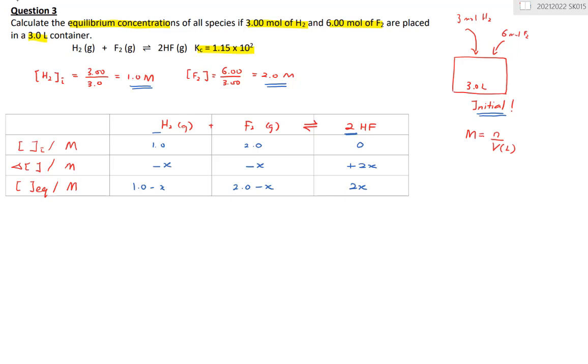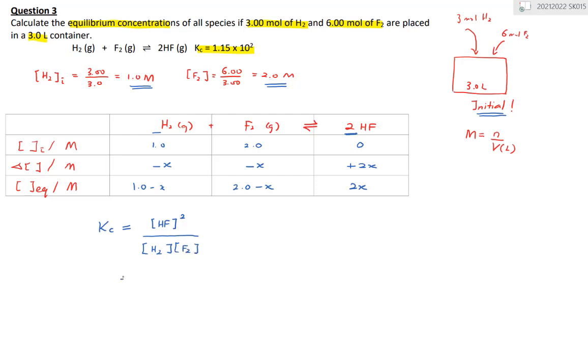If you want to identify the equilibrium concentration of each of the species here, we have to figure out the value of x. So from here, we can write out the Kc expression using the balanced equation. We have the product on the top, so concentration of HF raised to the power of 2, over the concentration of reactant H2 raised to the power of 1, and F2 also raised to the power of 1.